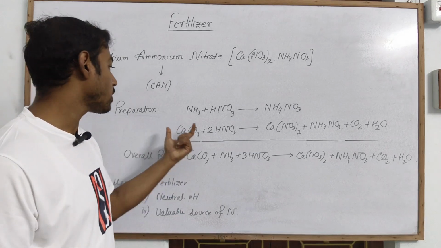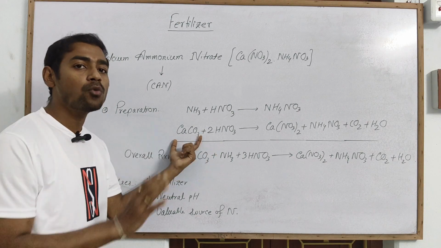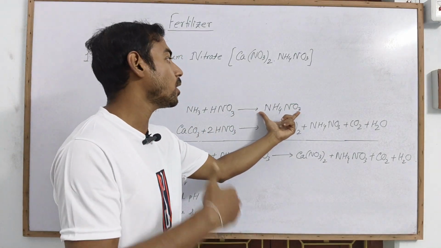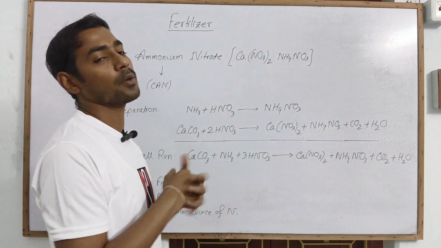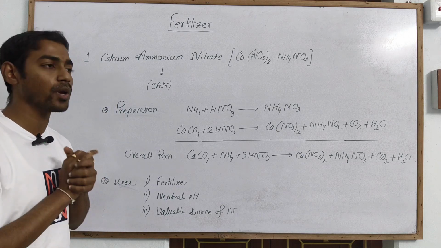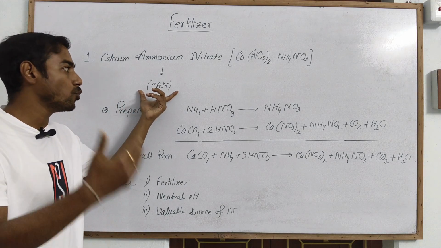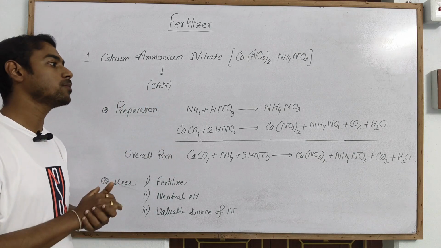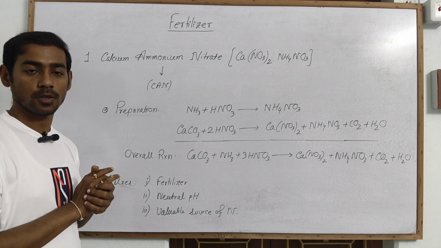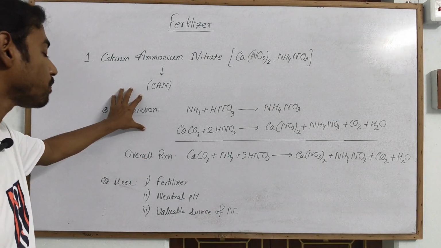If the limestone you are using is smaller in amount than the ammonium nitrate used, then the percentage of nitrogen can rise up to 28%. That is the maximum percentage you can achieve. But in the CAN products used in industry, the maximum percentage is up to 21%.